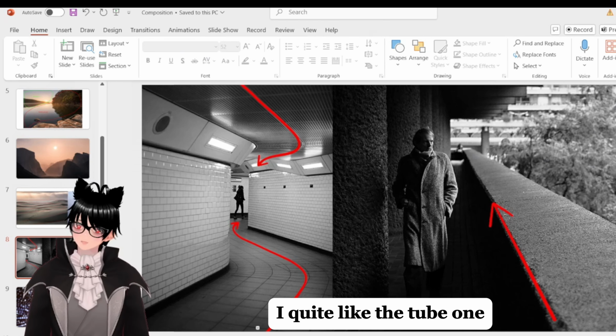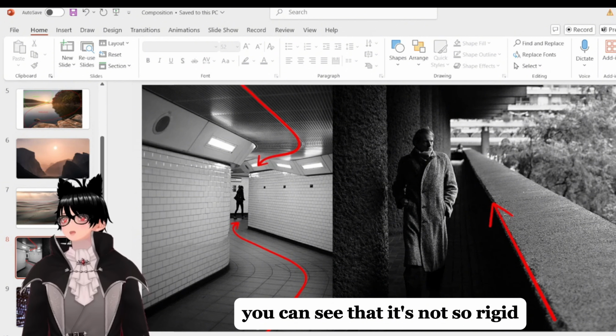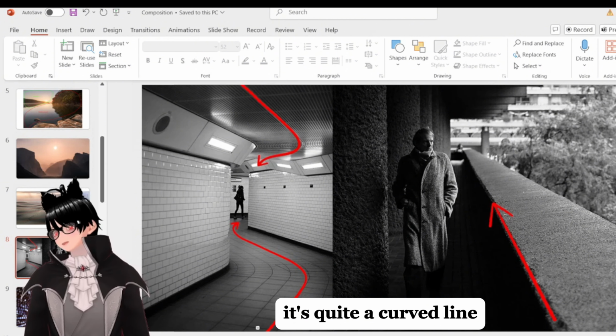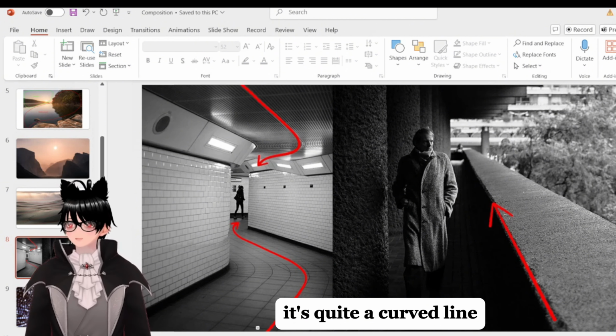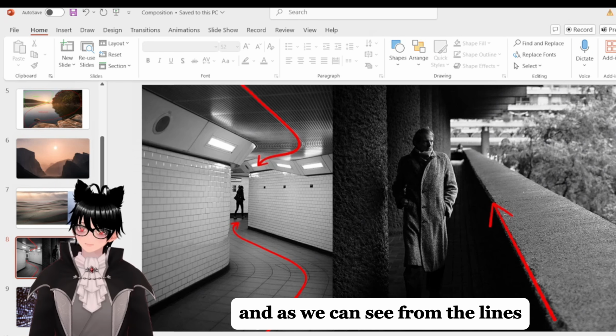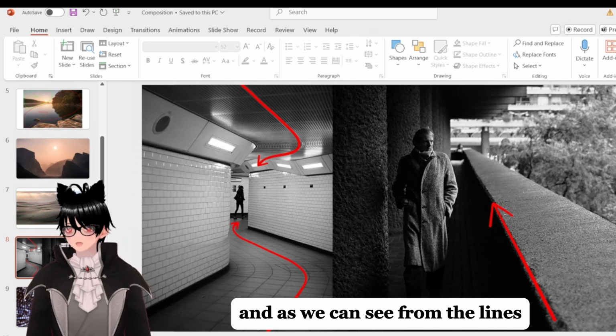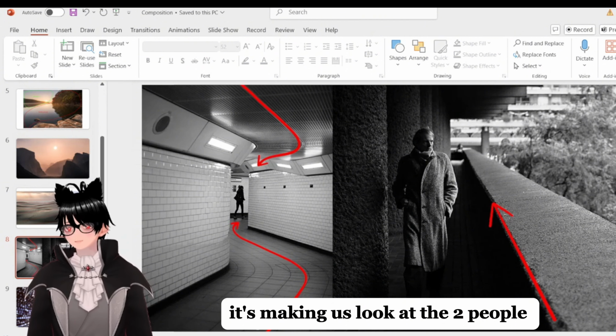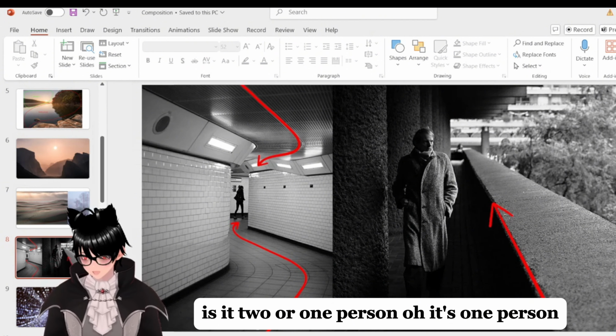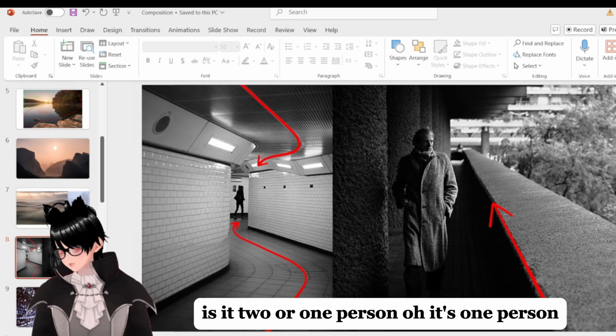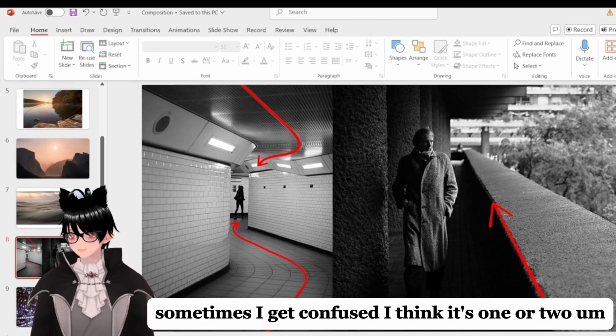I quite like the tube one. You can see that it's not so rigid. It's quite a curved line. And as we can see from the lines, it's making us look at the, is it two or one person? Oh, it's one person. Sometimes I get confused.